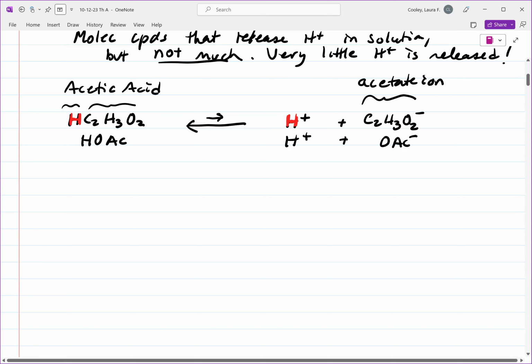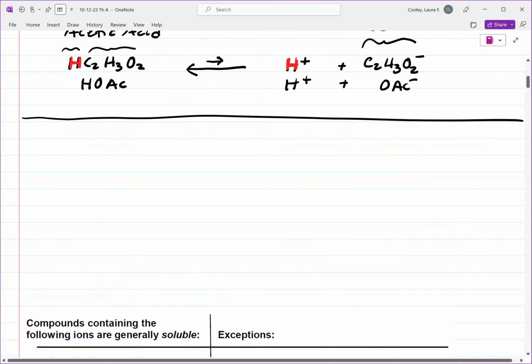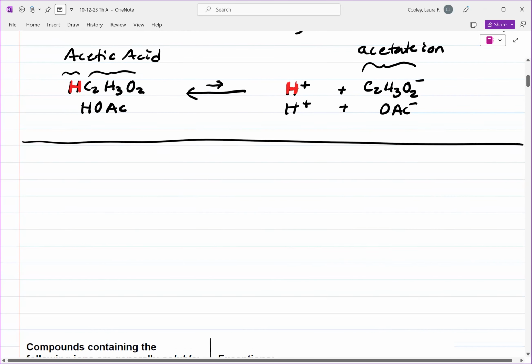Okay, so we're going to study some acid reactions soon. I just wanted to go over that because I don't know how many people were here last time. And I also want to talk, since we spend a lot of time on reactions in solution, about what happens when different substances come in contact with water.